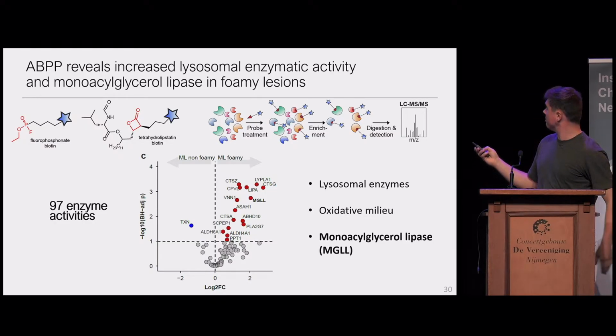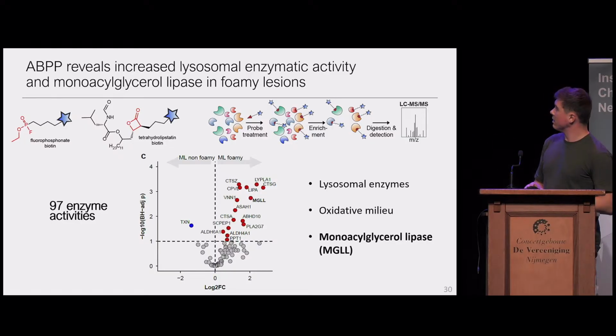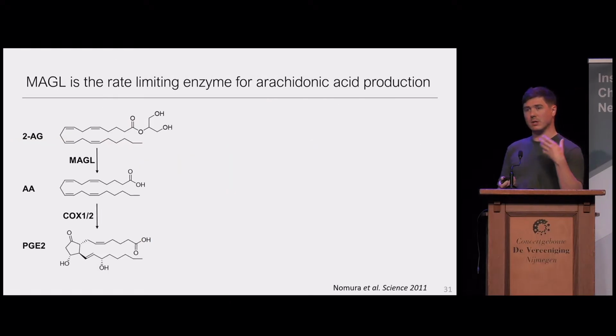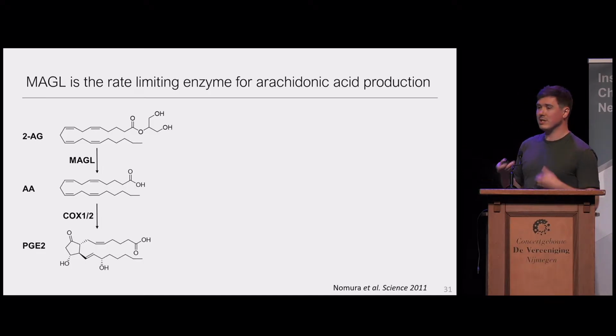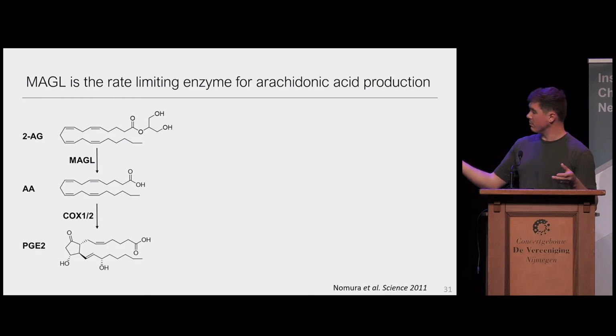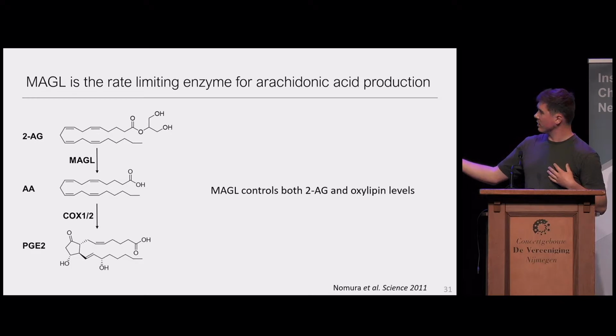But interestingly, the monoacylglycerol lipase, or MAG lipase, was one of the enzymes popping up here, and that caught our attention because MAG lipase is involved in degrading the endocannabinoid 2-AG to free arachidonic acid, which is then the precursor for oxidation for pro-inflammatory production of prostaglandin E2.